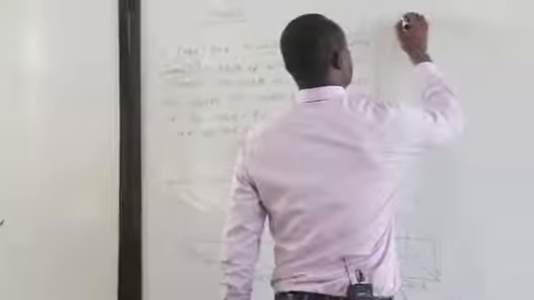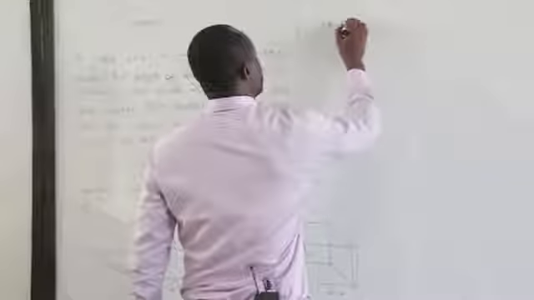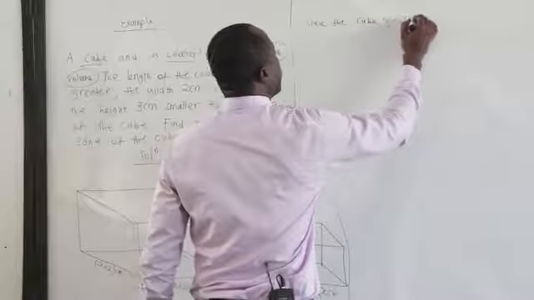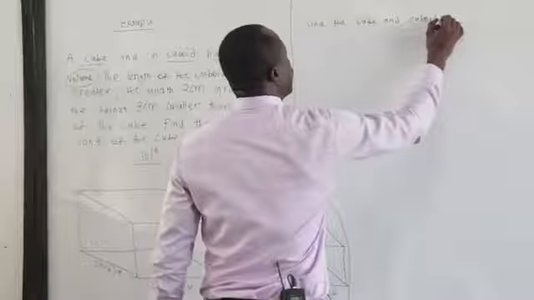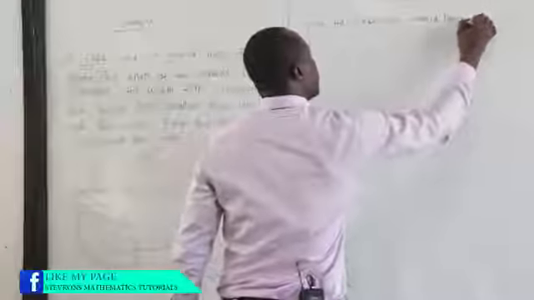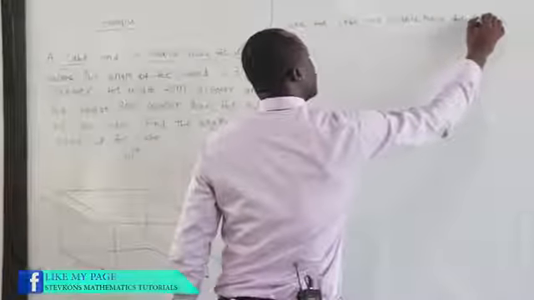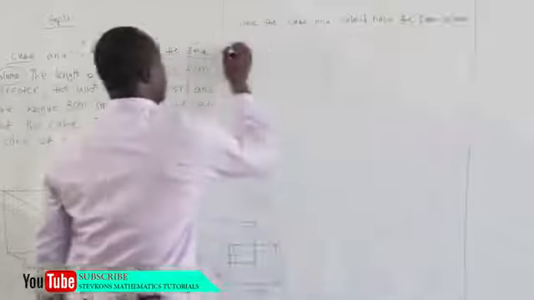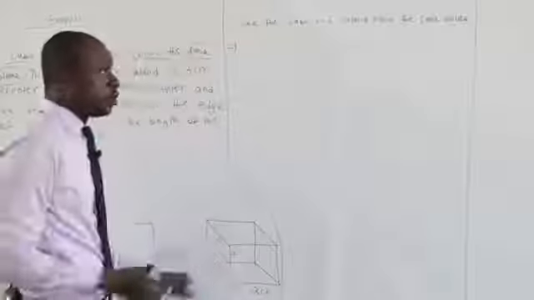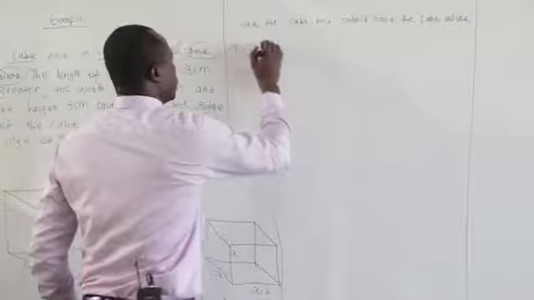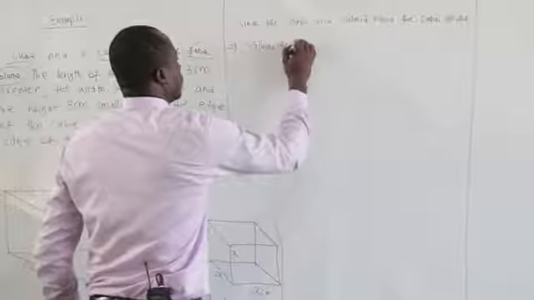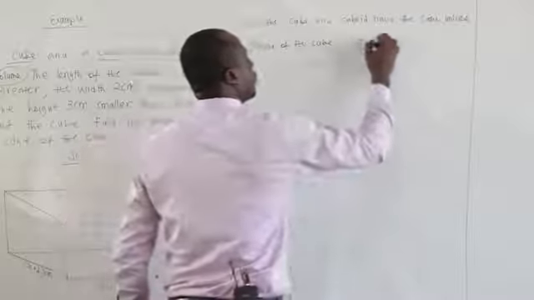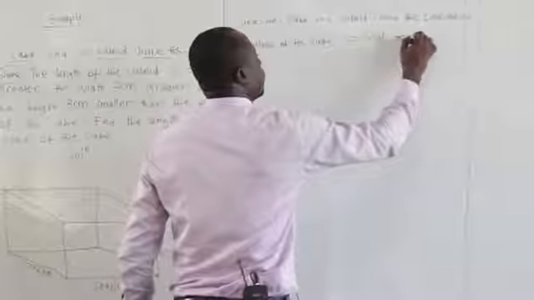So since the cube and cuboid have the same volume, this implies that the volume of the cube should be equal to what? Volume of the cuboid.